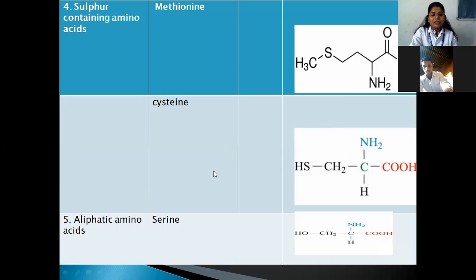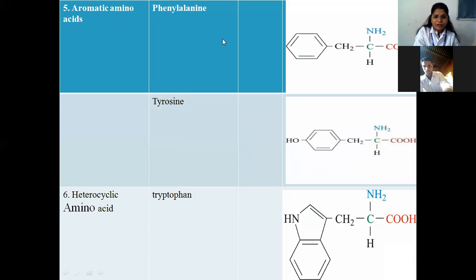Then aliphatic amino acid, an example is serine. Aliphatic means we say that a straight chain is there. So this is the example of serine. Then next is the aromatic amino acid.